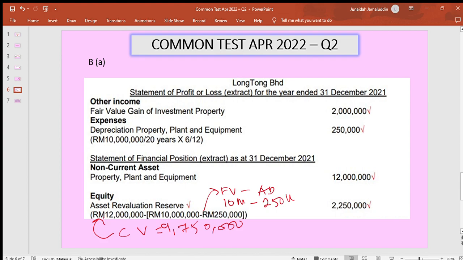Since the fair value is higher than the carrying value, we get a surplus on revaluation. The surplus is just the difference between the fair value and carrying value. So 12 million minus 9,750,000, we get 2,250,000.